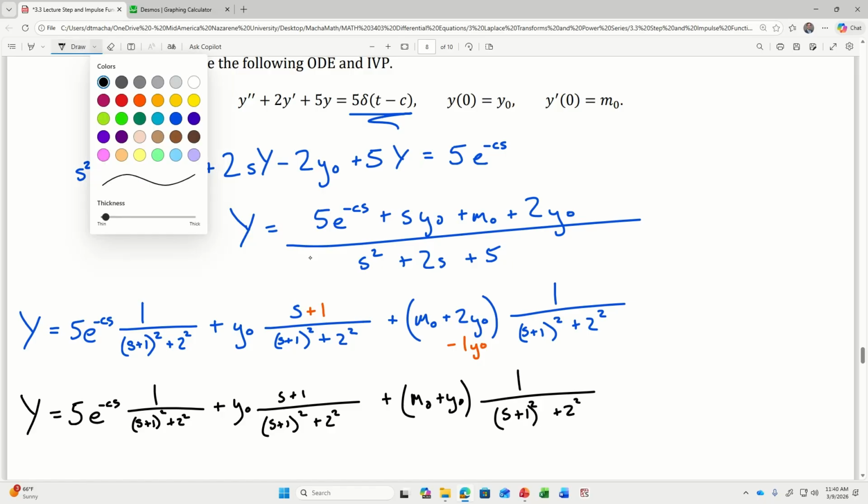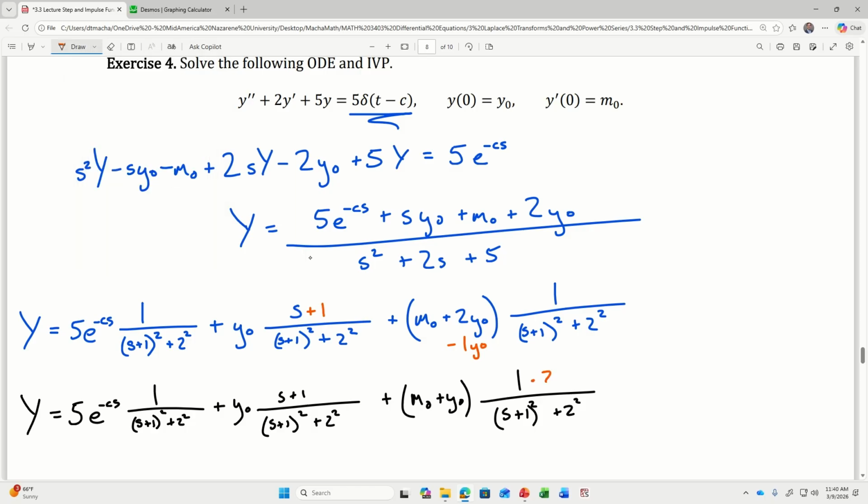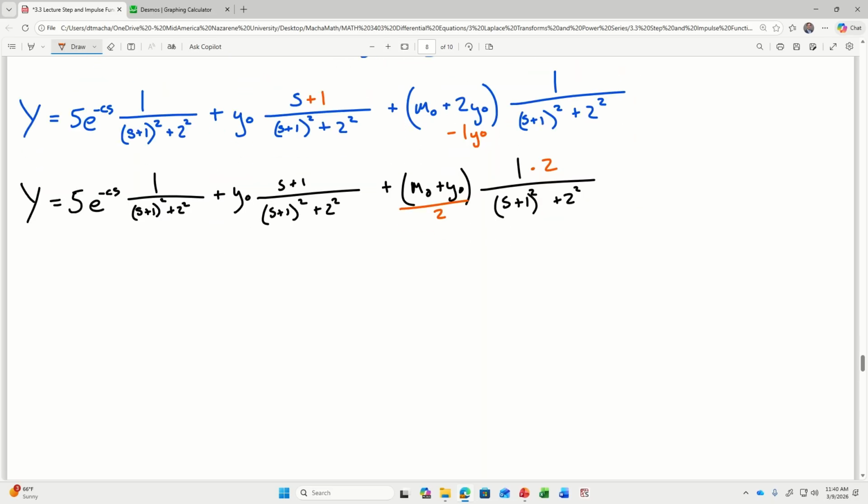Okay, now I can go ahead and multiply this by 2 and divide this by 2. And this way I don't get as confused. But does everybody feel comfortable with how we found this plus 1 by subtracting a y0 over here? And now we're in good shape to take an inverse Laplace transform of everything.